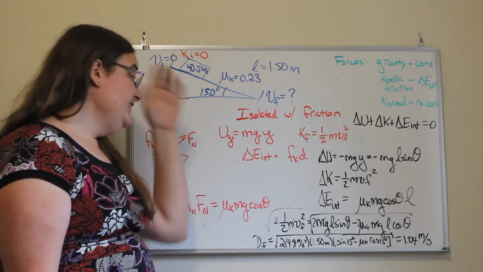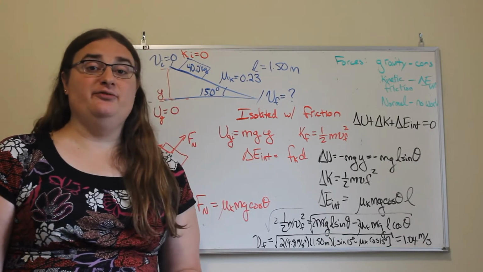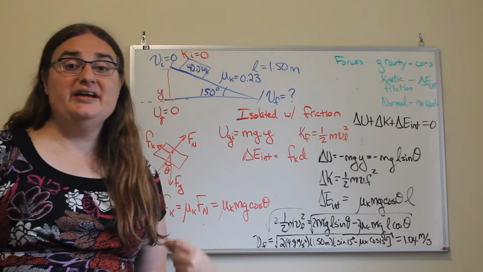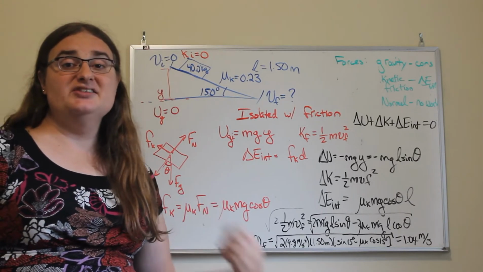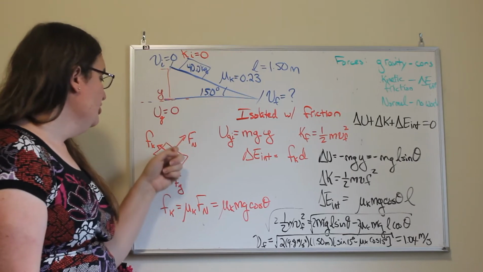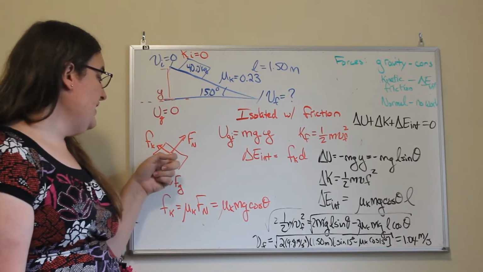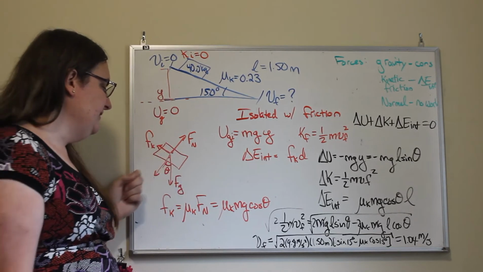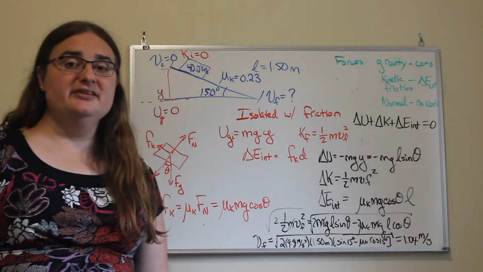So, we need to calculate our force of kinetic friction. Well, the force of kinetic friction is the coefficient of kinetic friction times the size of the normal force. And to find the size of the normal force, well, the force of gravity is pulling this object essentially down the ramp and into the ramp perpendicularly.